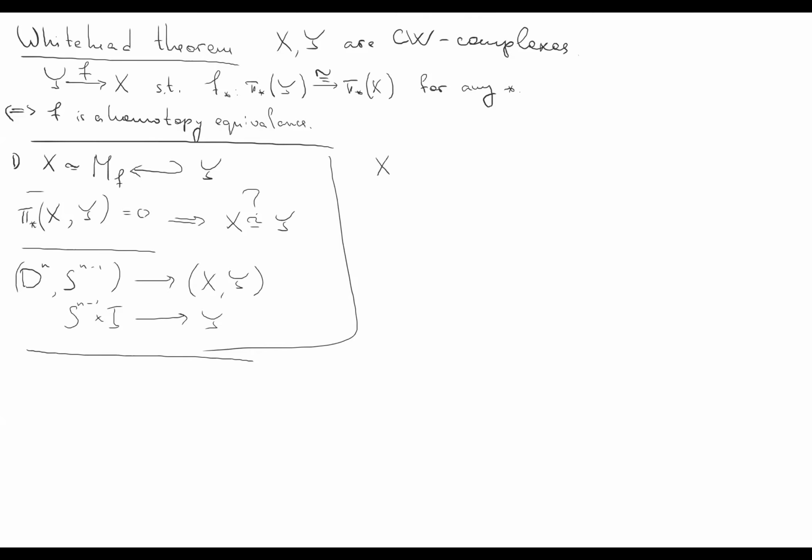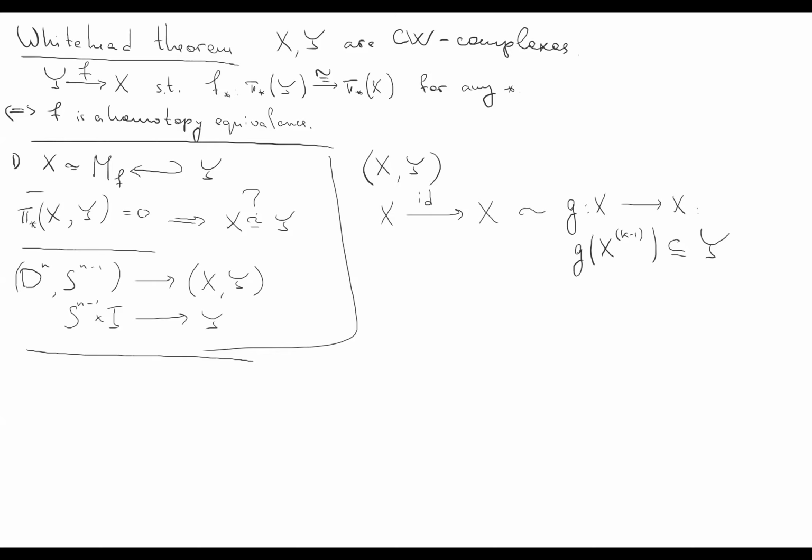I have X and Y, and suppose I have already constructed a homotopy between the identity of X and a map g from X to X such that g of X^(k-1) lies inside Y. And my homotopy is relative, which means that my homotopy is the identity on Y. Okay.